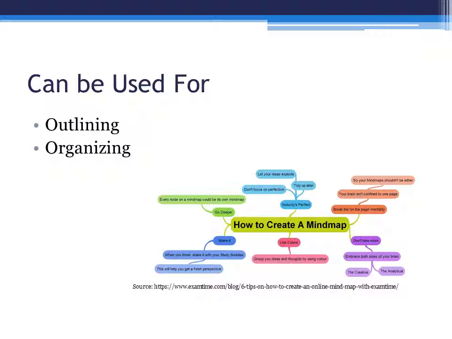Mind maps can be used as an organizational tool for students to get their thoughts and their facts in a format that's easily managed. Mind maps can be used as a visualization tool, as a way to graphically display information as opposed to using the written word. And finally, mind maps can be used as a planning tool, either by you as a teacher or by students, and it's a great way for students to work collaboratively together to plan their work.